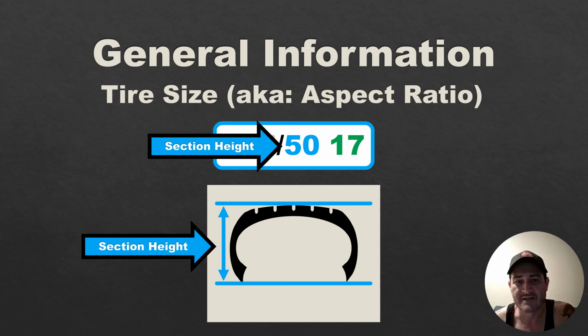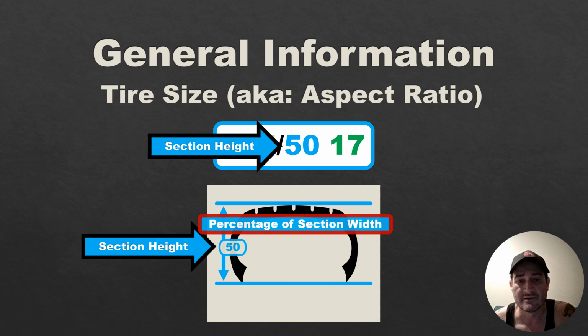The section height is our aspect ratio. It is a percentage of the first value. So 50 is 50%. Just imagine having a percentage symbol right after that 50. So if it were a 265, 60 tire, the 60 would represent 60% of the first number.